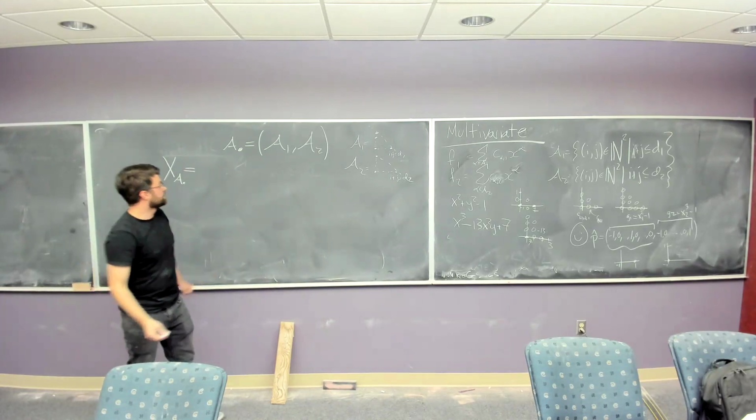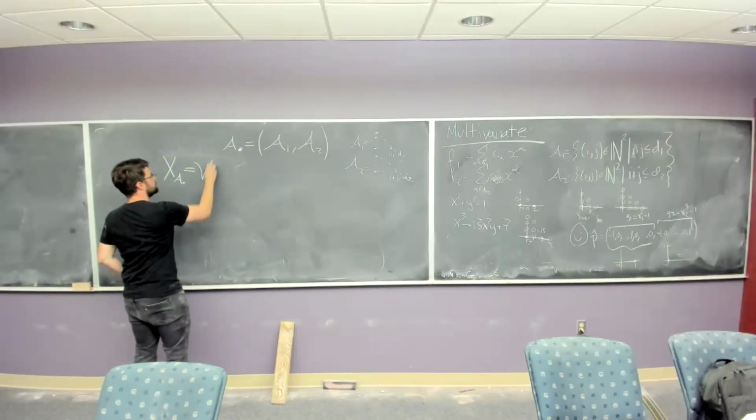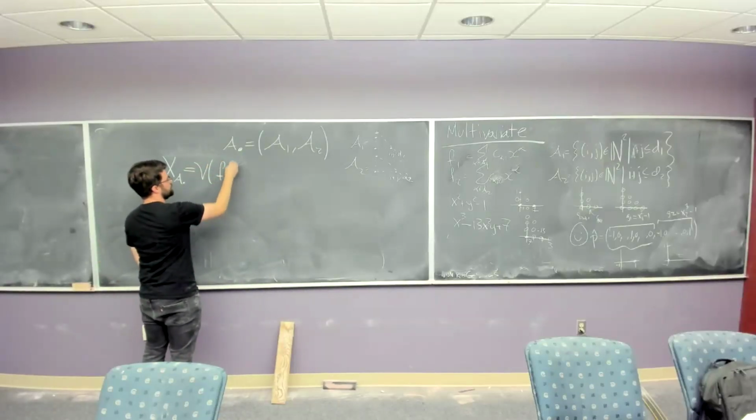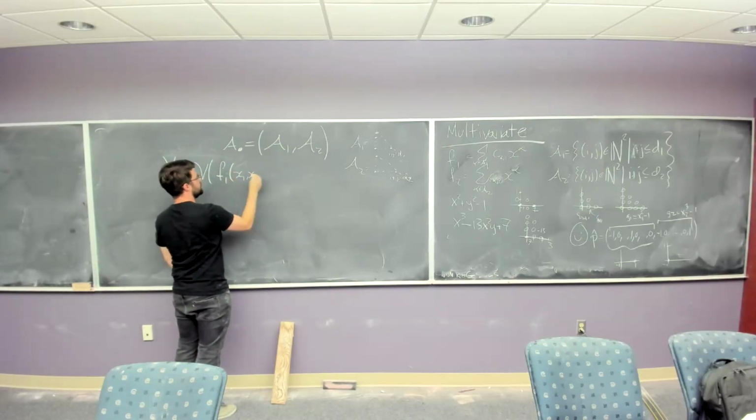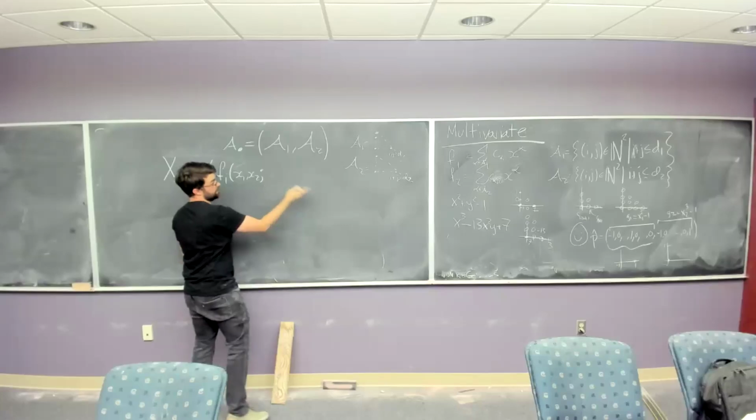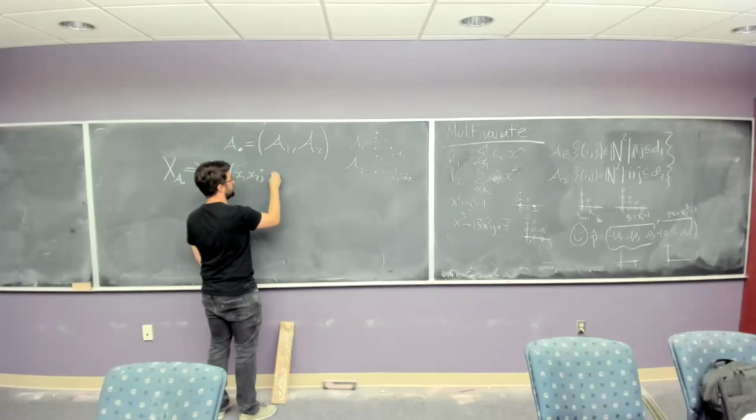Right, this is a polynomial system in two variables, in this case, x1, x2, and many parameters.